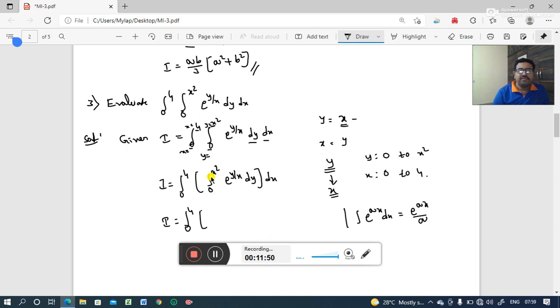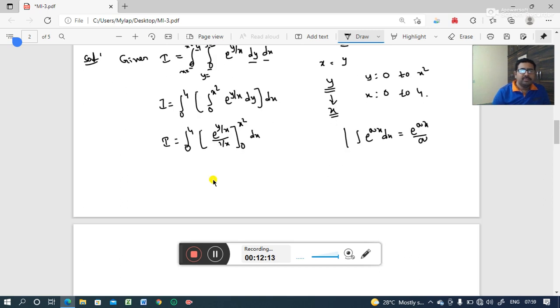Similarly, in e power y by x, 1 by x acts as a constant. Therefore integration of e power y by x gives e power y by x divided by 1 by x, with limits from 0 to x square, into dx.